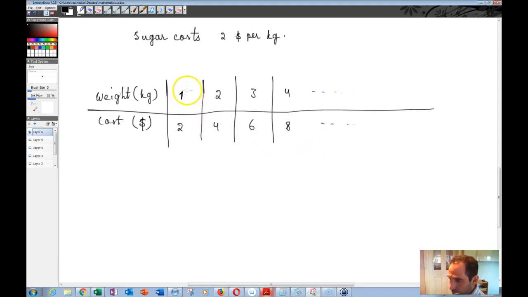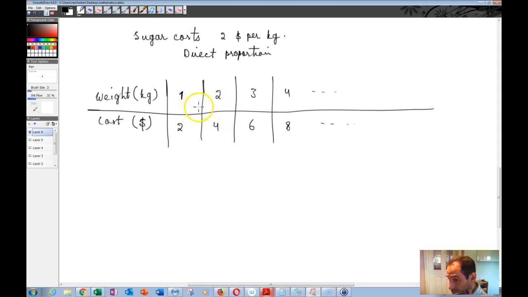So you see that this is an example of direct proportion. As the weight is increasing, so is the cost of the sugar. 1, 2, 3, 4, and 2, 4, 6, 8, and so on.